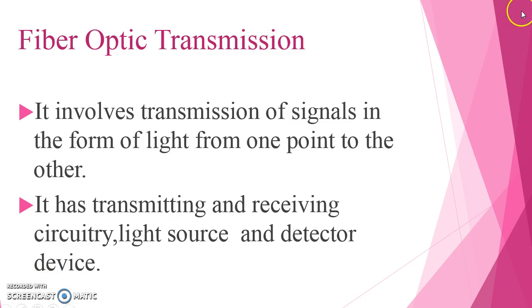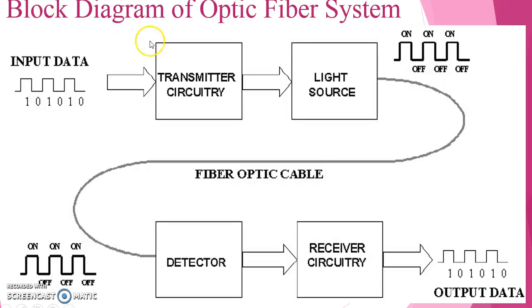So we'll see the block diagram of the optic fiber system. In this block diagram we have a transmitter circuitry part and a receiver circuitry part. In the transmitter circuitry part we give the input data as an electrical signal. The transmitter circuitry converts this electrical signal into a light signal with the help of the light source, which may be an LED.